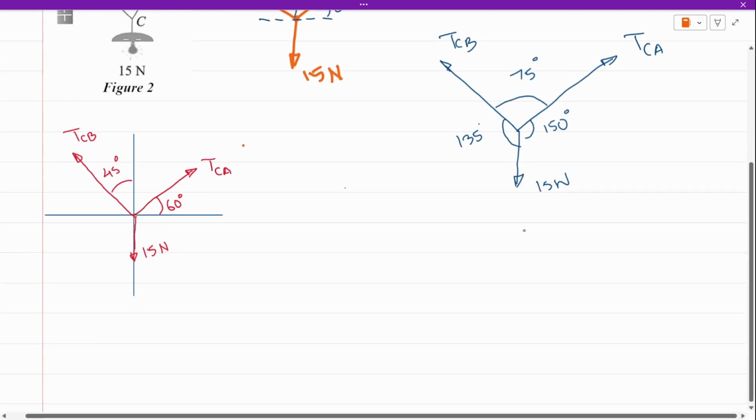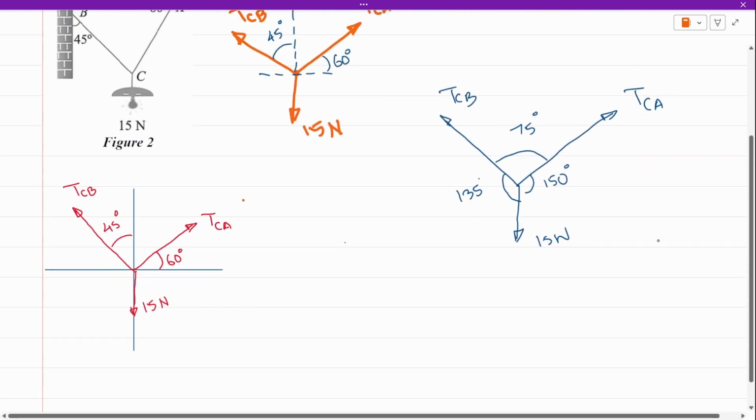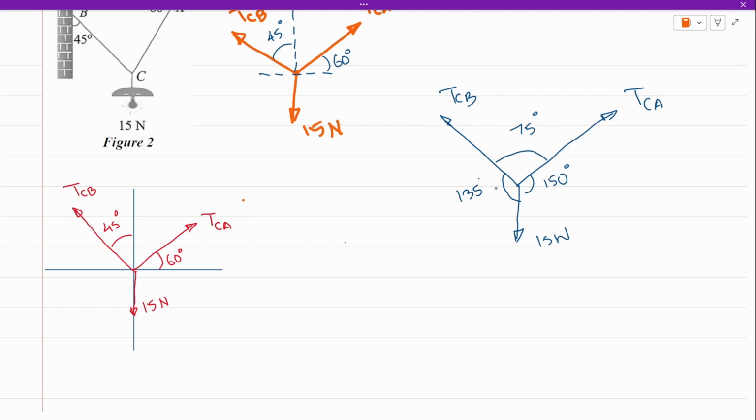The next step is we will apply Lami's theorem. According to Lami's theorem, the force divided by the sine of its opposite angle will be equal. So in that case, I will write as TCA divided by sine 135 is equal to TCB divided by sine 150 is equal to 15 divided by sine 75.